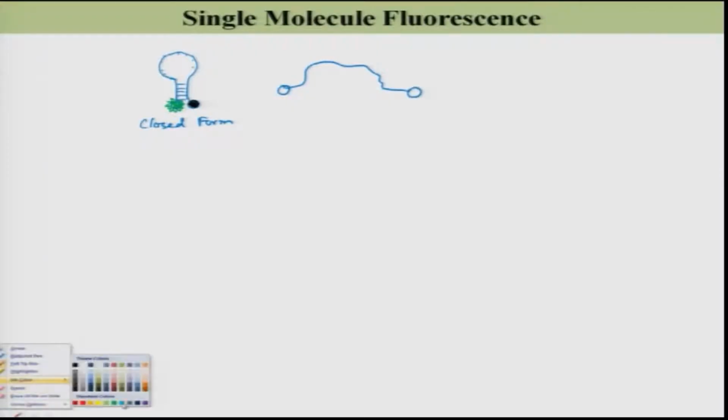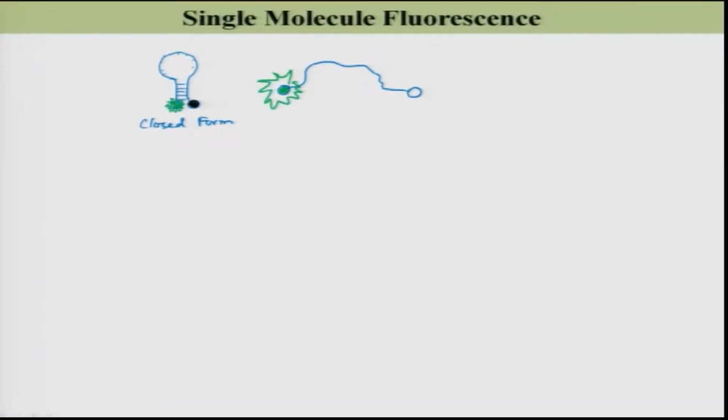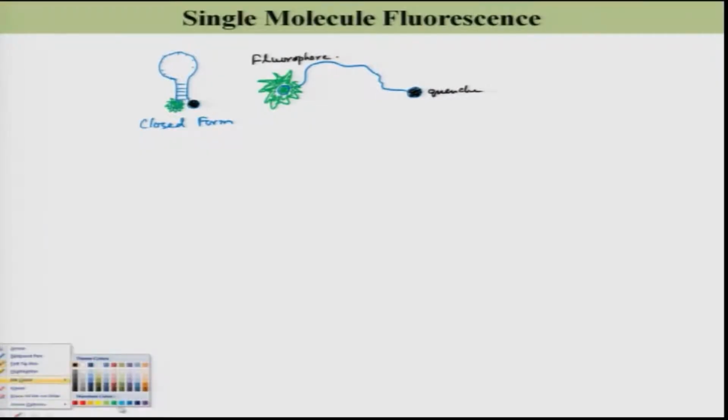As the quencher molecule is far apart from this fluorophore, obviously the fluorescence intensity in this case will be much more compared to the closed form. And this I refer to as the open form.